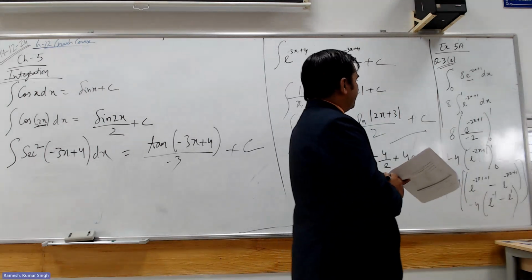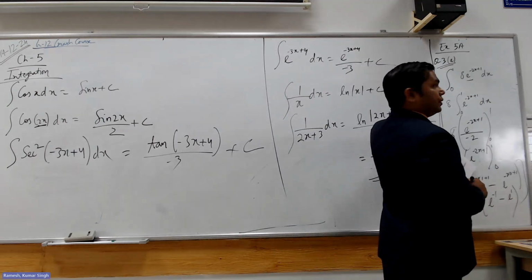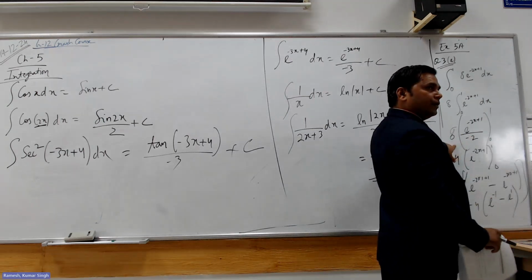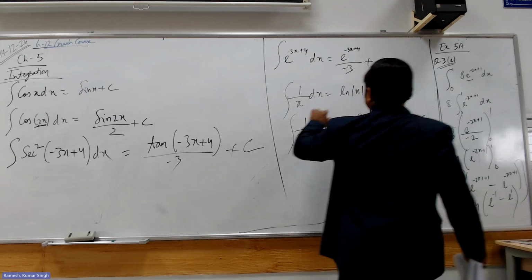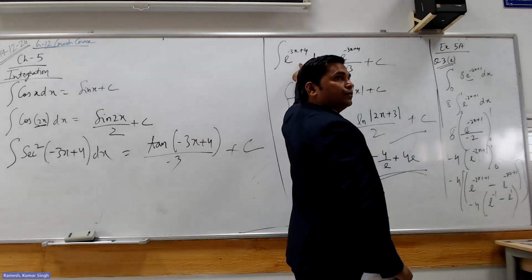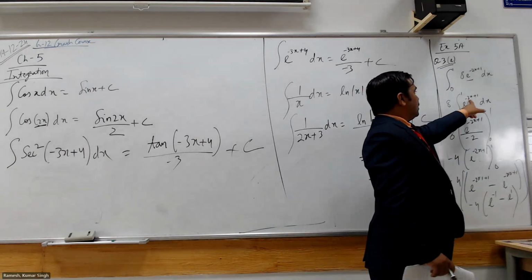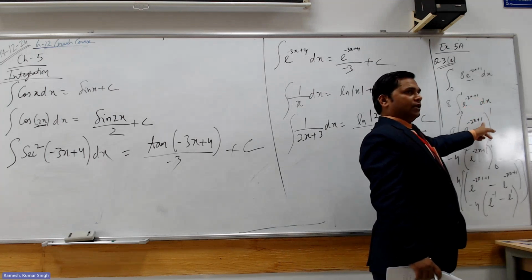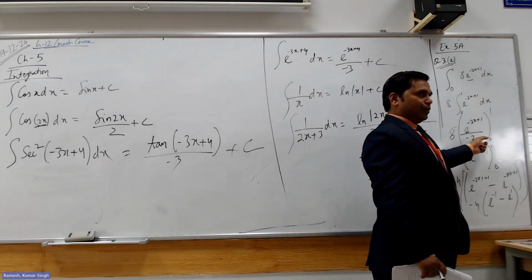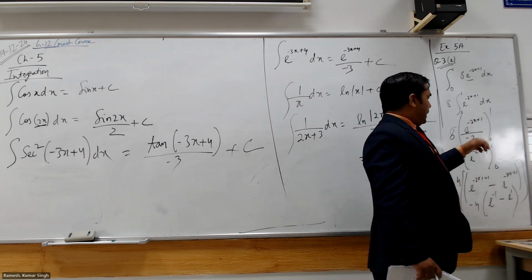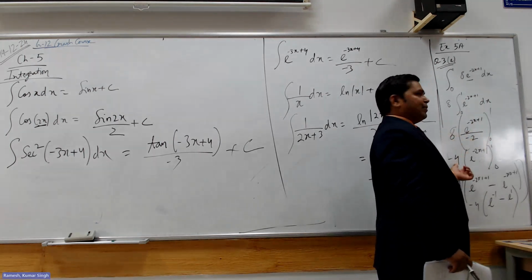Is this clear? Yes. Same thing. So e to the power minus 2x plus 1 divided by minus 2. Then 8 over minus 2 is minus 4.